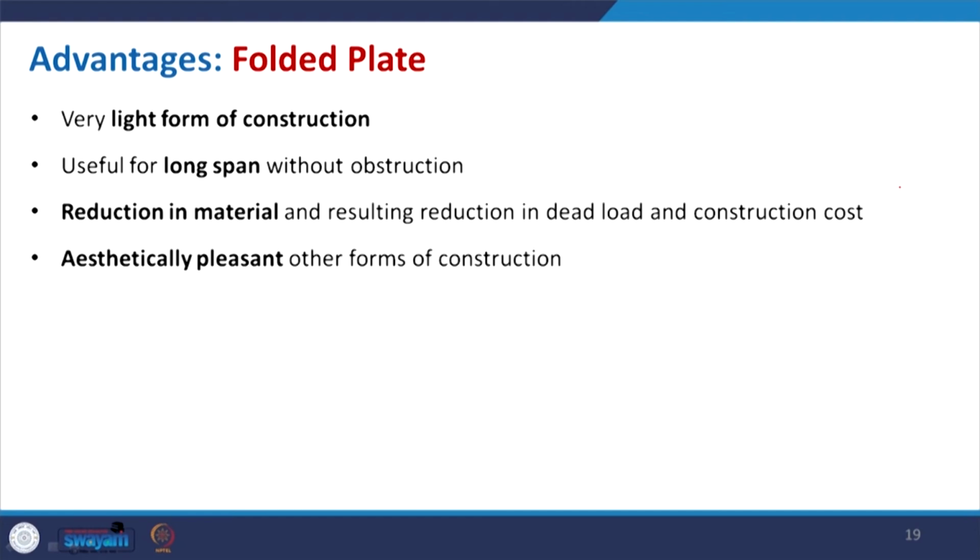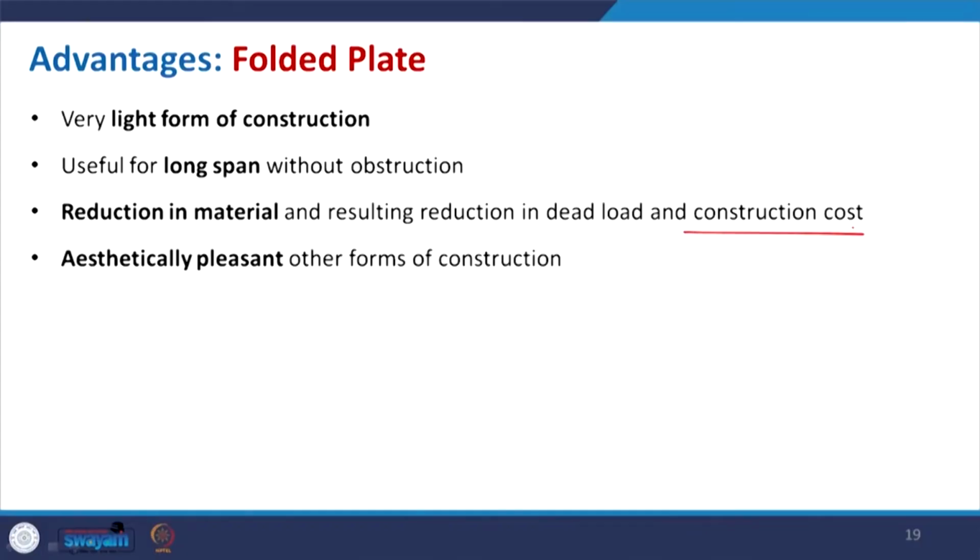So, the moment you reduce the thickness of the structural member, definitely it will reduce the dead load, and the material cost will definitely reduce the construction cost, provided that you are applying it on a mass scale, not at a very small-level project, where things may not really be proven right. It is aesthetically pleasant, definitely.